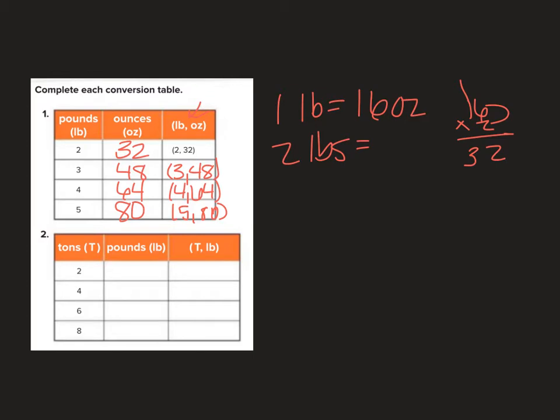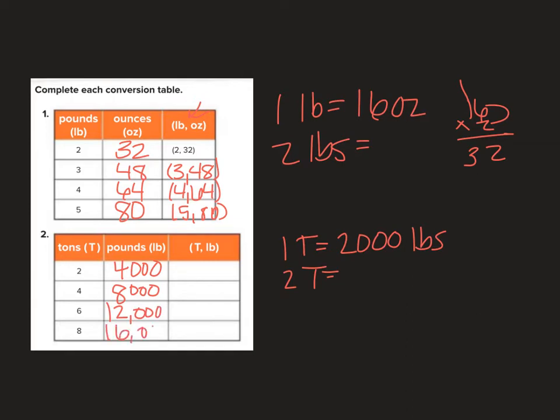Okay, so 1 ton equals 2,000 pounds. So 2 tons would be 4,000, right? Because I'm multiplying by 2,000. 4 times 2,000 is 8,000. 6 times 2,000 is 12,000. 8 times 2,000 is 16,000.